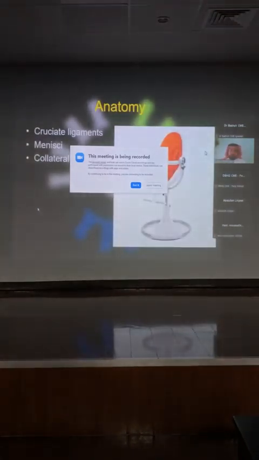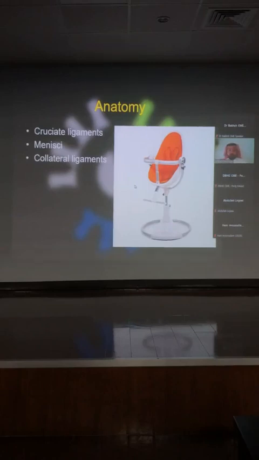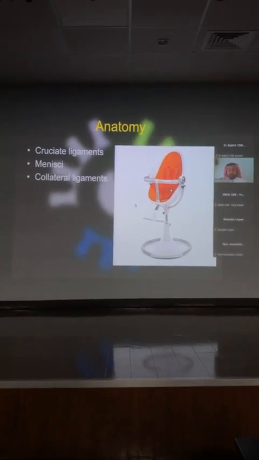injury. So when I was taught MRI of the knee, the first part was the anatomy. I was first told that a good analogy for the knee of any patient is a baby high chair, like the one that we see over here. If we think about the knee being this joint, which looks like the baby high chair, the cruciate ligaments are the straps that you put on the baby so the baby doesn't fall to the front or the back.